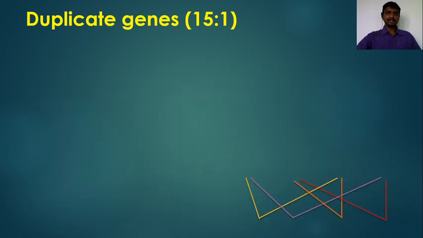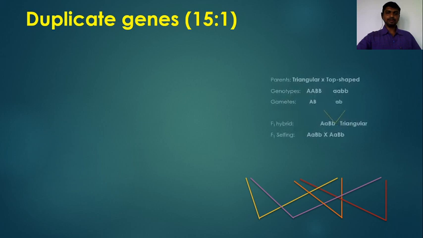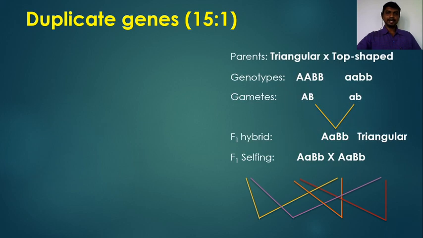We are going to discuss this example by taking a cross between two parents, one having a triangular seed capsule and the other a top shaped seed capsule. The parent with the triangular seed capsule has the genotype capital AABB, and the top shaped individual has the genotype small aabb.